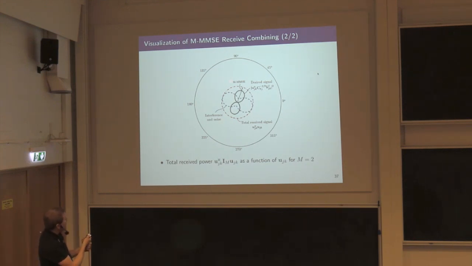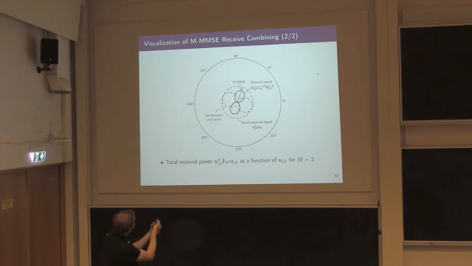And since the total received signal power is signal plus interference, and now that sum is the same irrespective of which direction I look, then it must be that in the direction where the signal is at its strongest, the interference must be at its weakest. Otherwise, they cannot add up to the same value all the time. And that is what we see here as well.